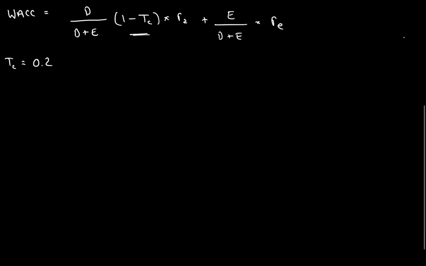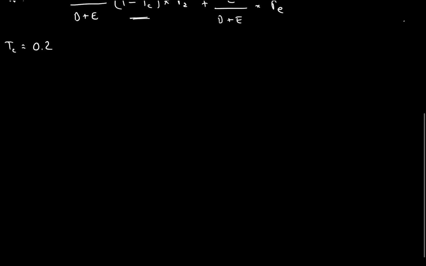Now I'll show you why we use this. Let's have a little example. Let's say that we have debt worth 12,000, and equity of 20,000. The cost of capital for debt, let's call that RD, is 15.5%.